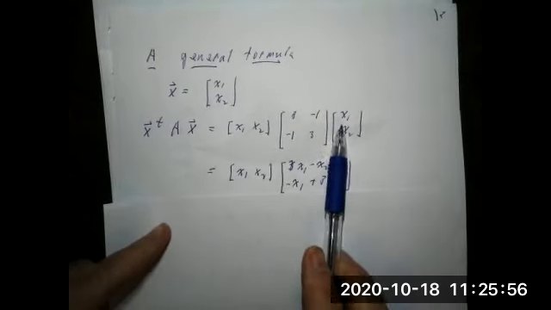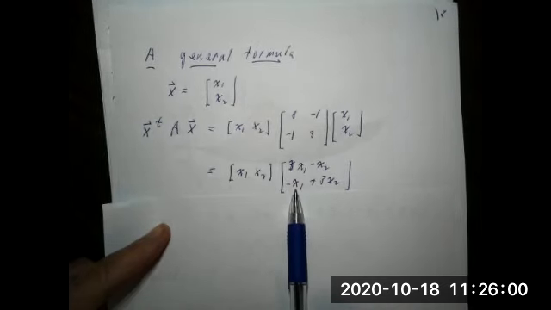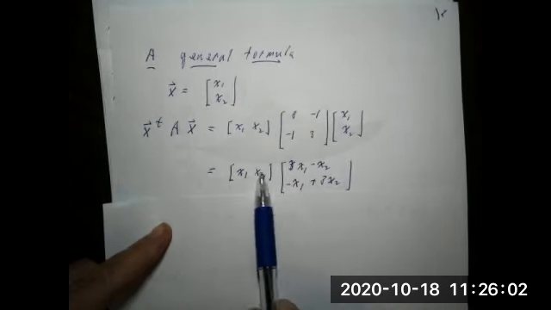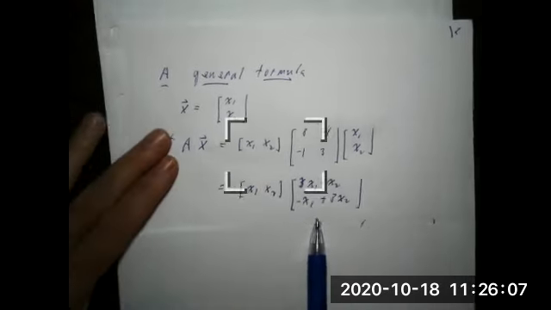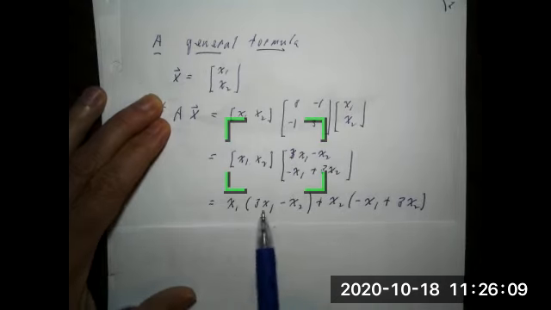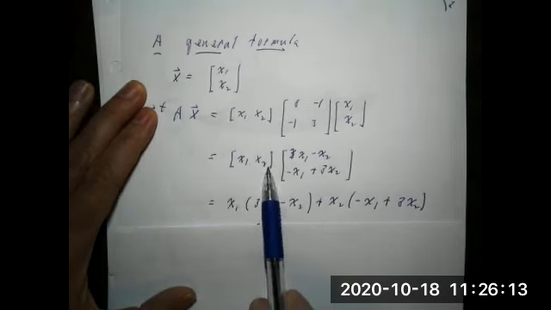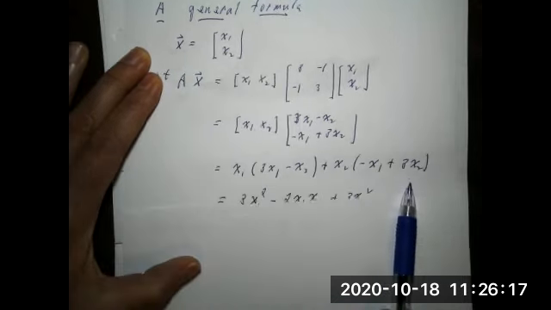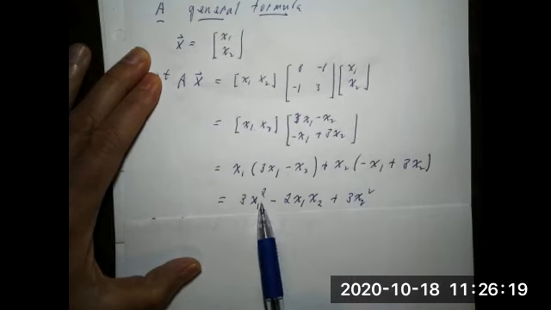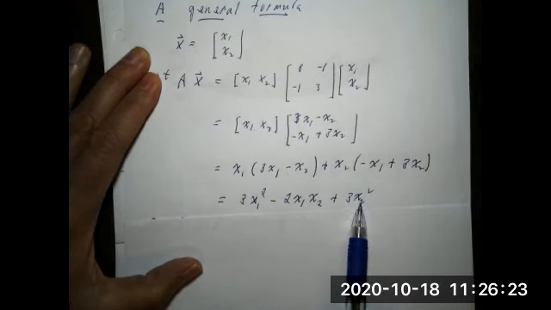Multiplying this matrix by (x1, x2) gives me 3x1 minus x2, minus x1 plus 3x2. So then I multiply this 1 by 2 times this 2 by 1, and I get x1 times (3x1 minus x2) plus x2 times (minus x1 plus 3x2). This can be simplified considerably, and I have 3x1 squared minus 2x1x2 plus 3x2 squared.